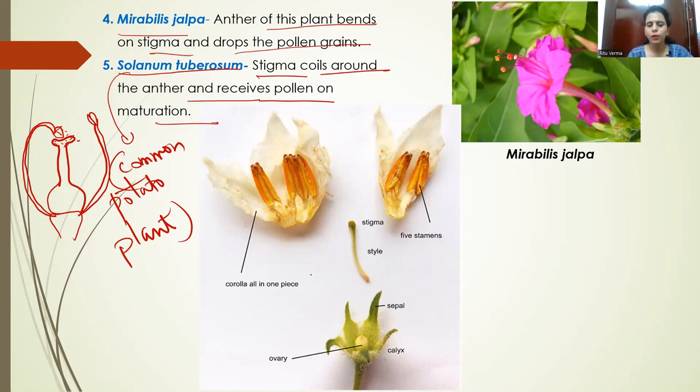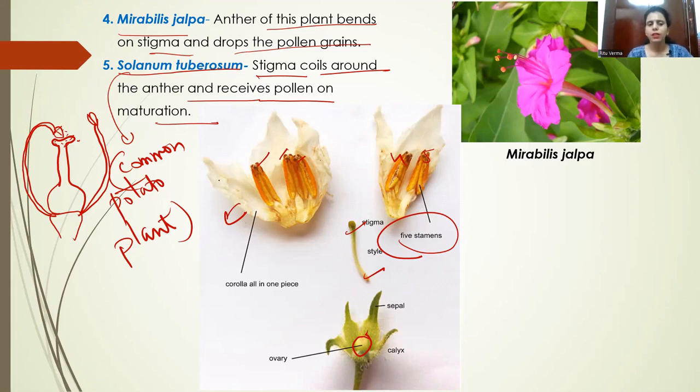This picture below shows the flower of the potato. This is the corolla, which means petals. Then we have stigma, style, and ovary, plus there are five stamens.